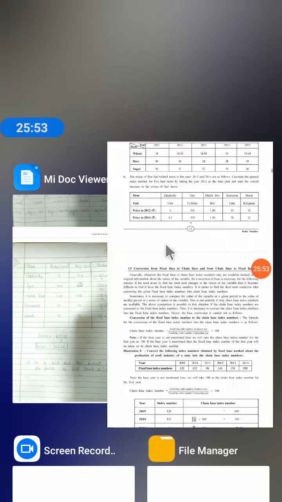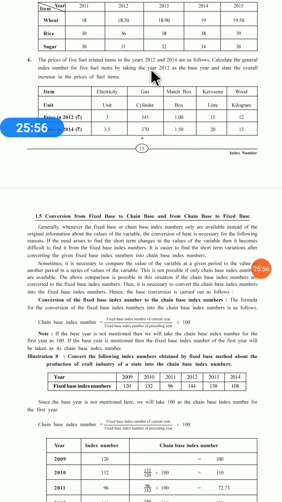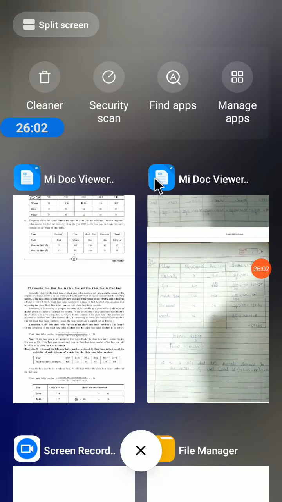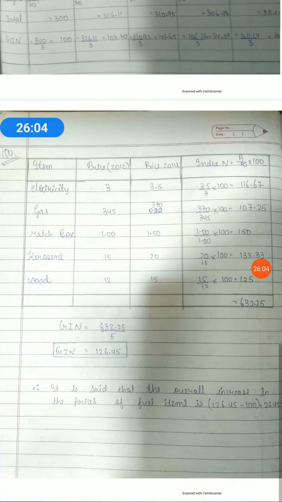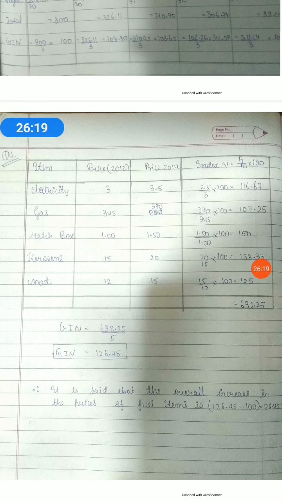But what is next? Next is: state the overall increase in the prices of fuel items. It means we have to write the statement, right? The statement is that the overall increase in the prices of fuel items is 126.45 minus 100, which means 26.45 percent. Why are we deducting 100?